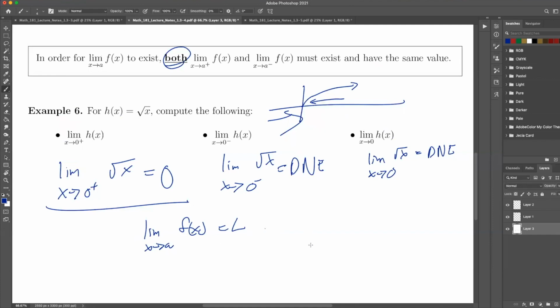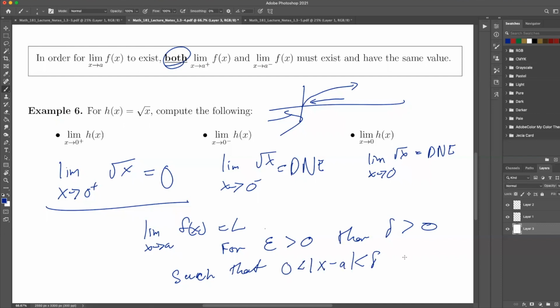So here, let me show you the epsilon delta definition quickly. Basically it says for every epsilon, so this is an epsilon, it's a Greek letter, greater than 0, there exists a delta that is also greater than 0, such that as we get arbitrarily close to our desired number a, within delta, then we'll be arbitrarily close to our limit.